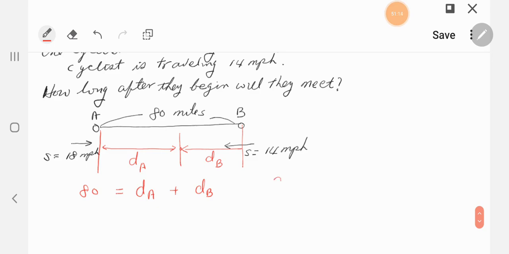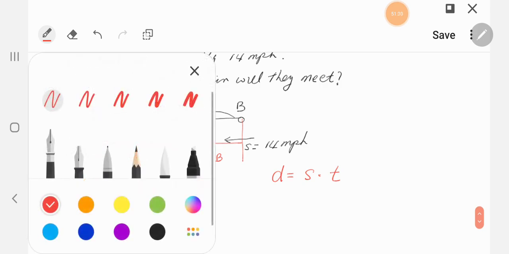What is the distance formula? Distance is equal to speed times the number of hours. Both cyclists traveled the same number of hours, so we can write an equation like this.